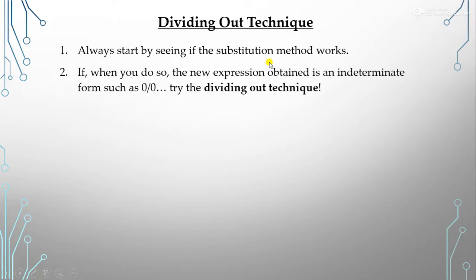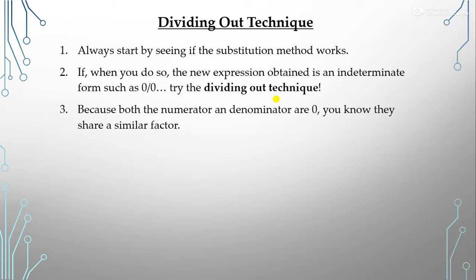If this method is not applicable, meaning you can't get the value of your limit by direct substitution, and you get an indeterminate form such as 0 by 0 or infinity by infinity, which we will discuss further later, then you have to try the dividing out technique.